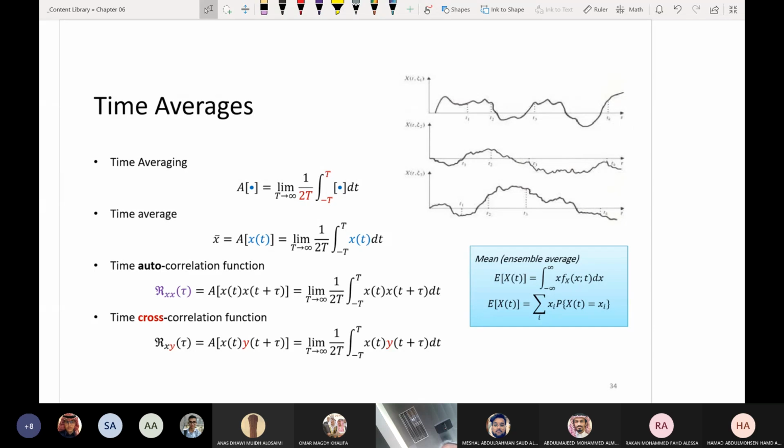At T1, we look at the values that the random process takes, and then we take the average. This gives us m of T1, which is the expected value of x of T1. At another time T2, we repeat the same thing. We get m of T2, which is the expected value of x of T2.